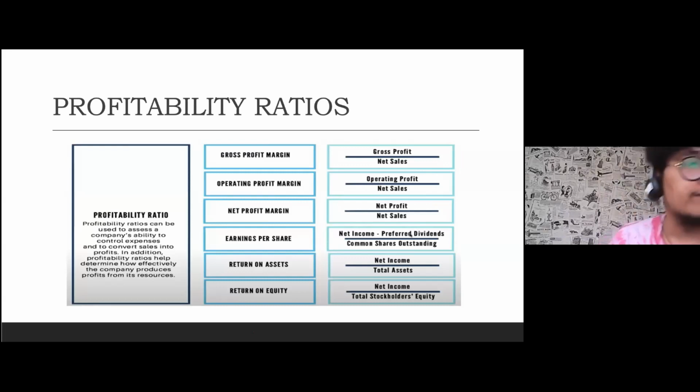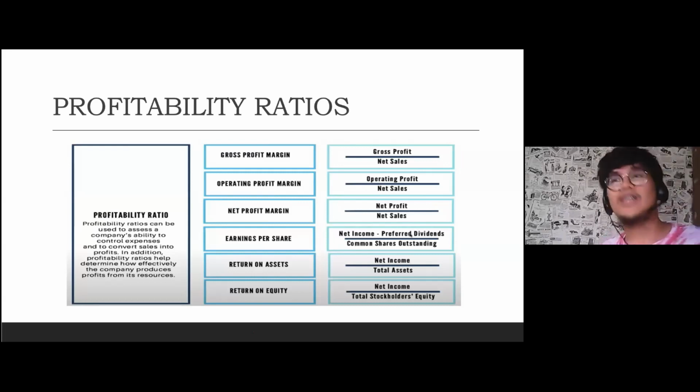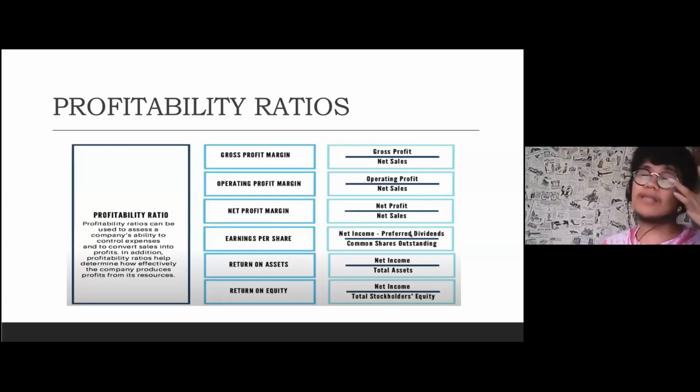Okay? We also have your operating profit margin. Operating profit margin is calculated by dividing your operating profit, or it can also be your EBIT or EBITDA. Kung nakakakita kayo ng formula na ganun, it's just the same, divided by your net sales.